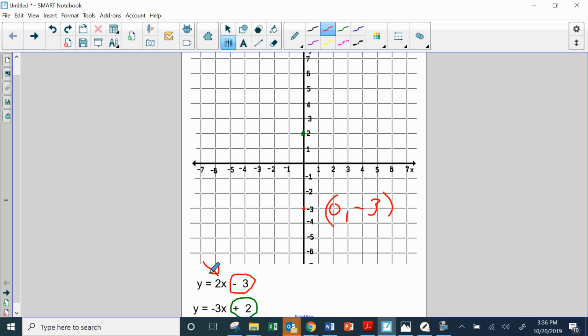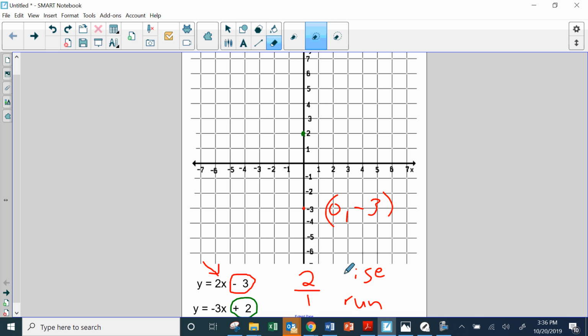So I say, okay, well, that first of all means I'm going to have a positive slope, so I know my line should be sloping up from left to right. Now I just have to figure out exactly where it's going. So I take that 2 and I make it into a fraction. I'll just put it over 1. If it was already a fraction, I wouldn't need to do anything. The top number is going to become my rise. The bottom number is going to become my run.